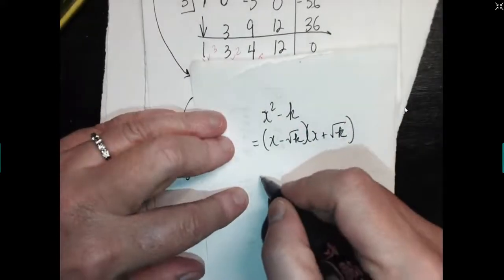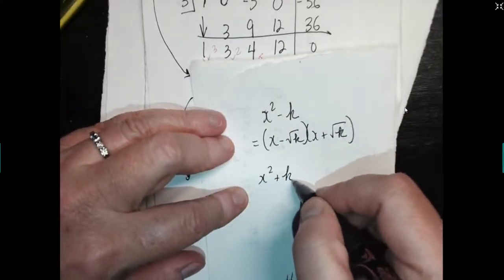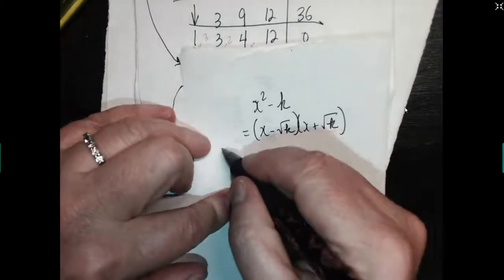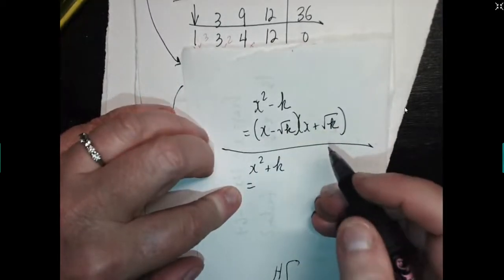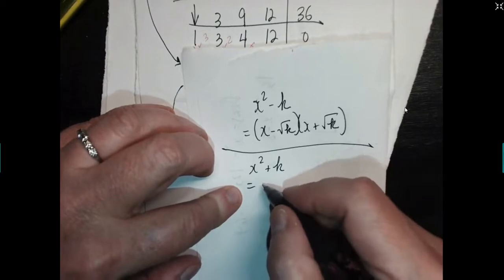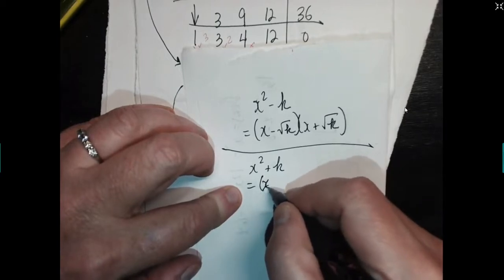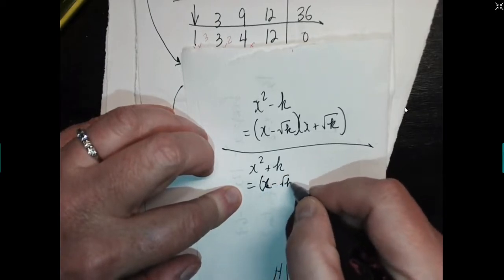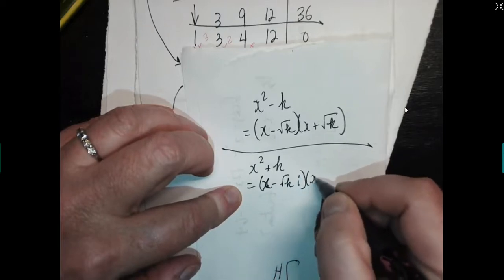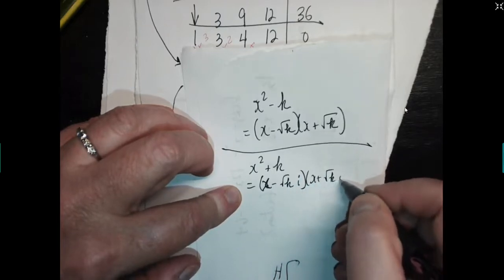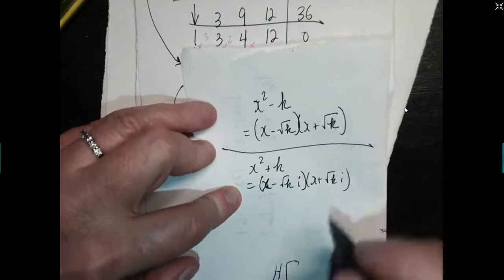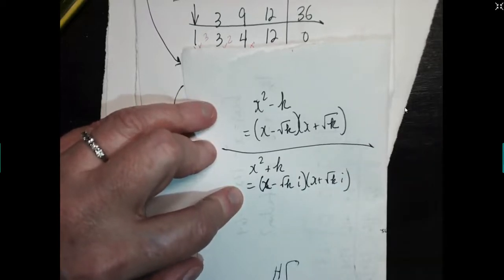Now, if you've got x squared plus a number, that will also factor, but not over the reals, but it will factor over the complex numbers. It will be x minus the square root of k times i times x plus the square root of k times i. So these are two common factoring methods that we should know.